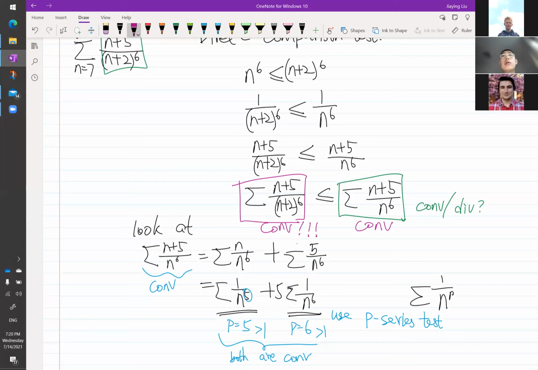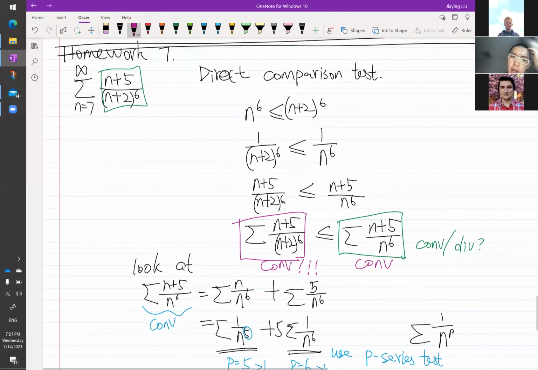So again, why did you use the denominator over the numerator, for changing it to something less than the fraction? Remember that in the comparison test, you want to find functions that are bigger and smaller on both ends and try them, right? If you have (n plus 5) over (n plus 2) to the 6th, the one that's definitely bigger is to manipulate the denominator by making it smaller.